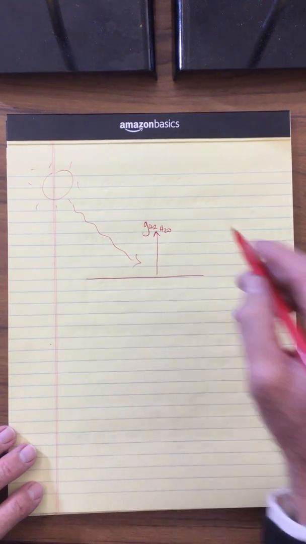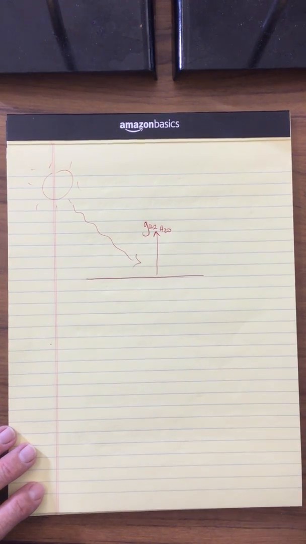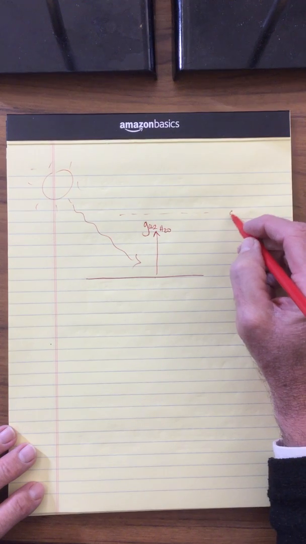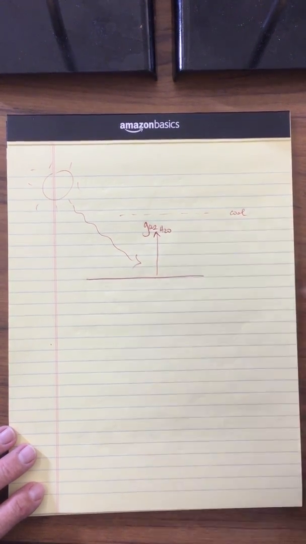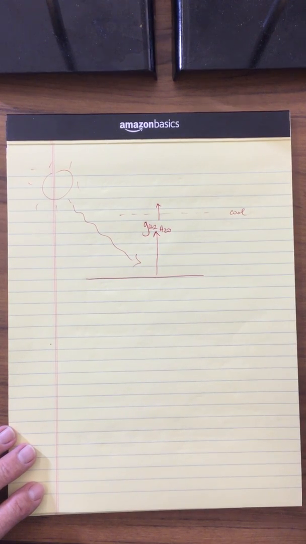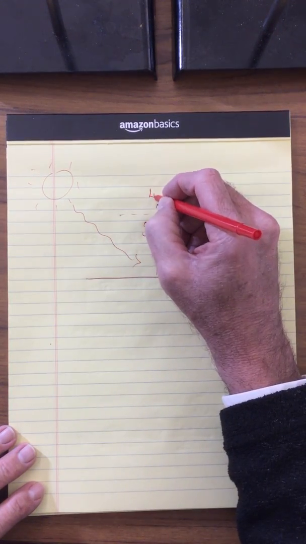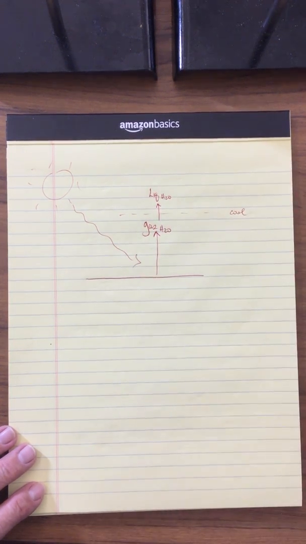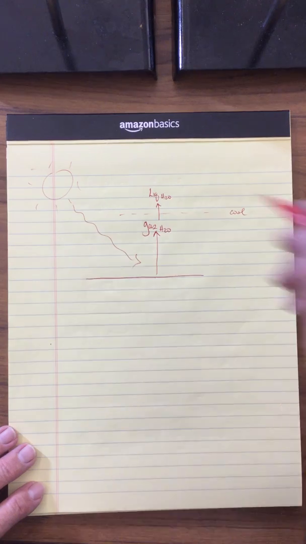And then when we reach a certain level of the atmosphere where it's cool enough, okay, let's just say here's where it gets cool enough for it to condense. What's going to happen is then we form water droplets. We form liquid water particles. Now we can actually see the cloud. So a cloud is not gaseous water, it's actually liquid water droplets.